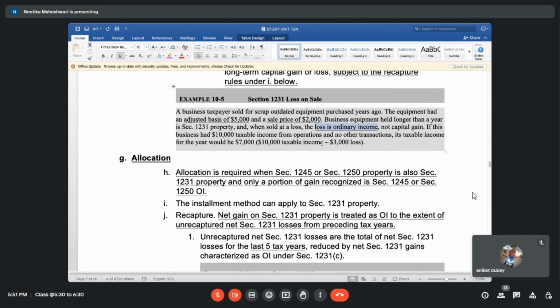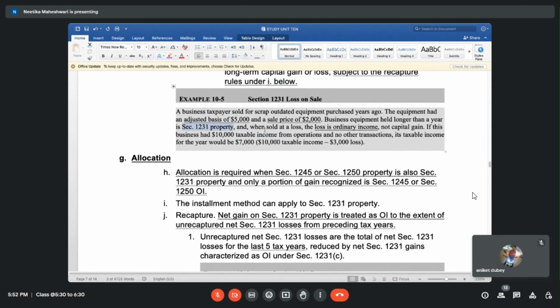So we are assuming no other complication in that situation. We are assuming this is a straight 1231 loss on sale. The example is saying that if you have some other ordinary income, you can take the loss on the equipment against it. Technically it's a capital loss, but since it is section 1231 property, we get a benefit.